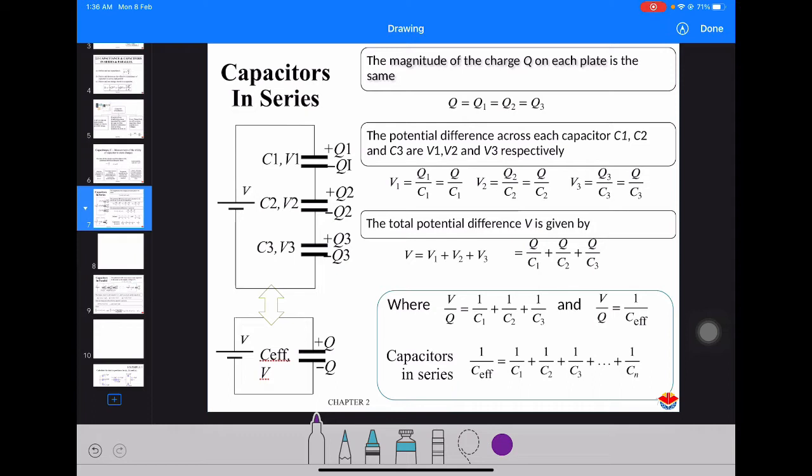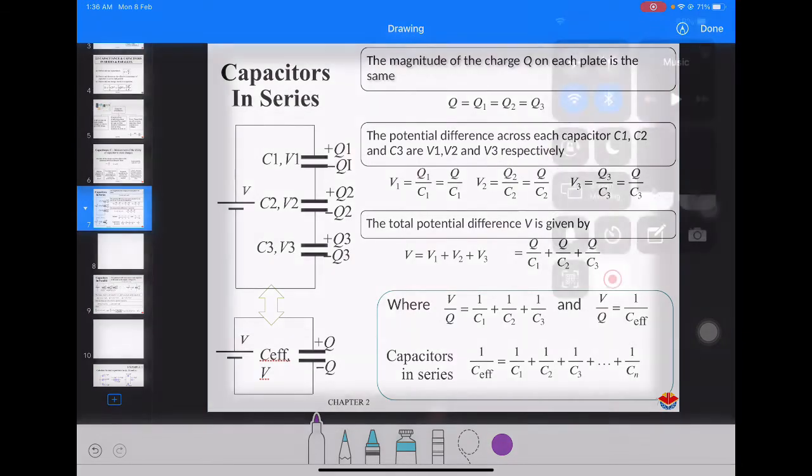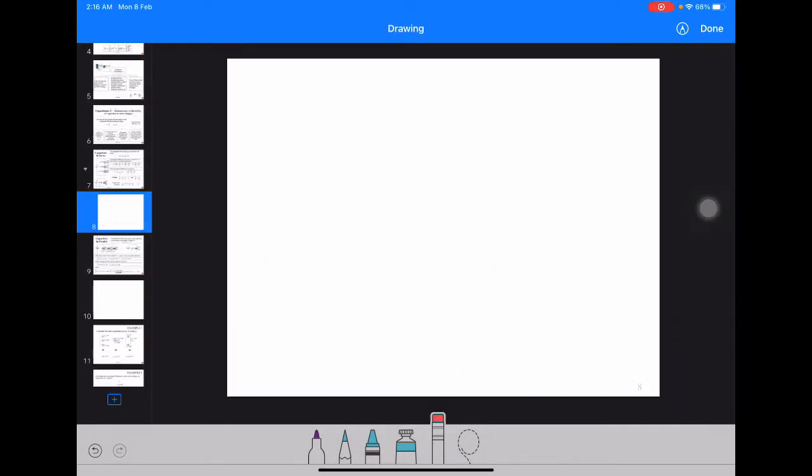Now we're going to learn how to derive and calculate the effective capacitance, C effective. For series, maybe I can start to draw it over here. Capacitors in series, so maybe I can redraw it here. How do you differentiate between capacitors in series and in parallel?